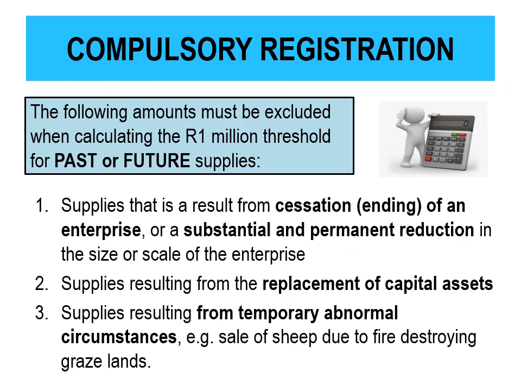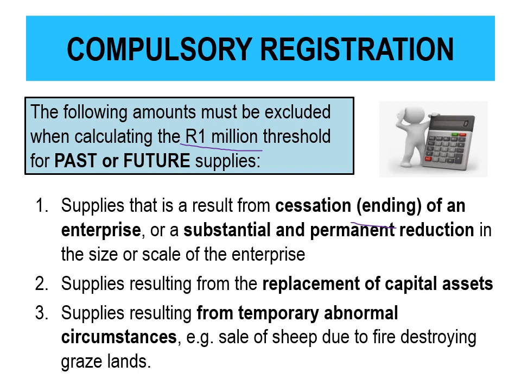When we do the calculation of that 1 million rand threshold to determine whether a person exceeds that, either for past or future supplies, there's a few amounts that need to be excluded, right? Which is listed in the VAT Act. The amounts that are excluded are amounts that arise from supplies that is a result from the ending of an enterprise or a substantial and permanent reduction in the size or scale of the enterprise.